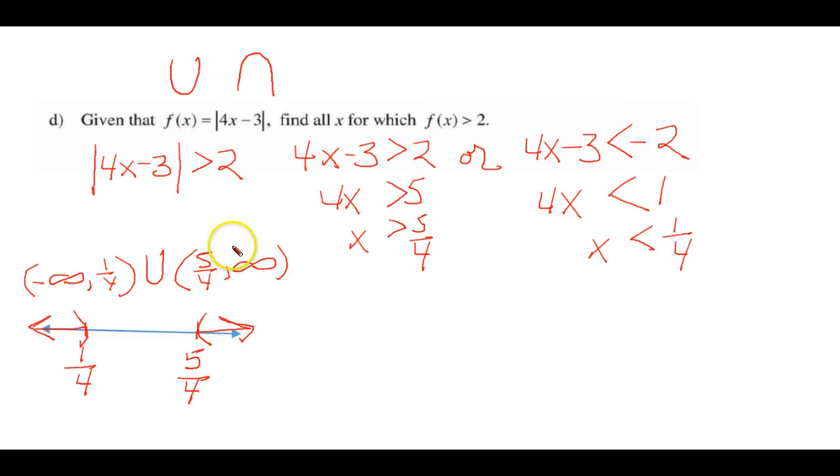Now, on your test, when you do take a test, and you're putting this in, sometimes students forget to put the negative sign here for negative infinity. I would give you full credit for this, because where is this coming from? This is negative infinity on this side.